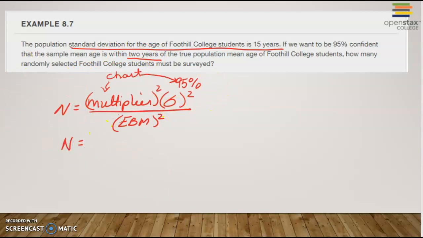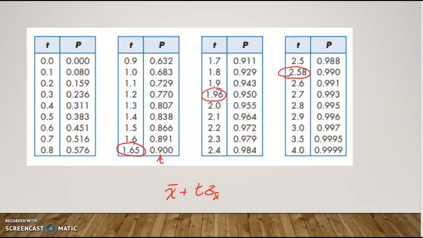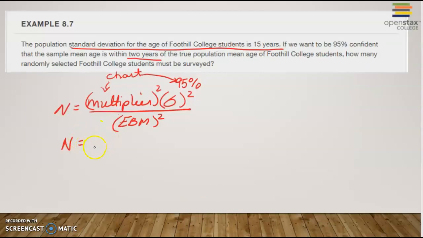So if we want it to be 95%, we're going back to the chart. 95% is 1.96. I want to print that slide out if you need to do these. So we're going to get 1.96 squared. Okay. Standard deviation is 15 squared, divided by 2 squared.